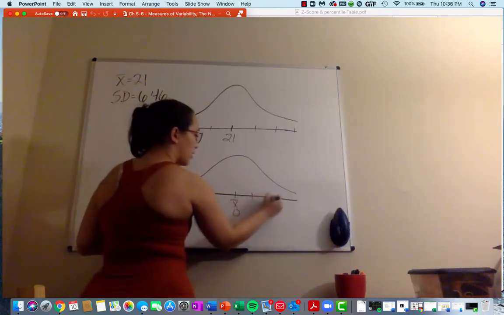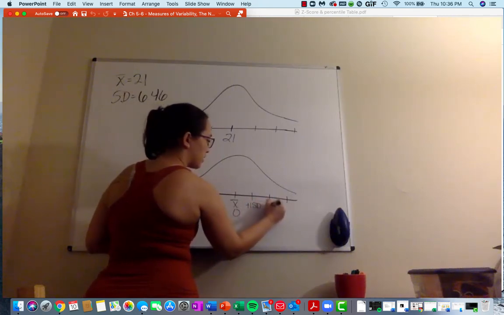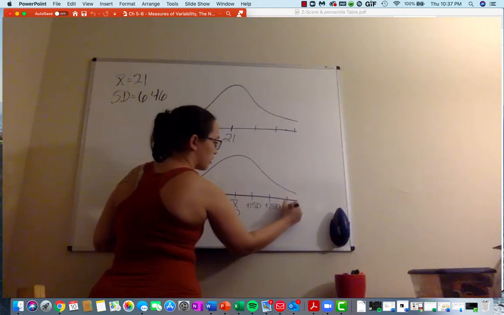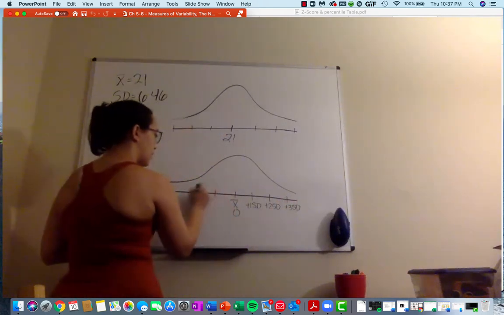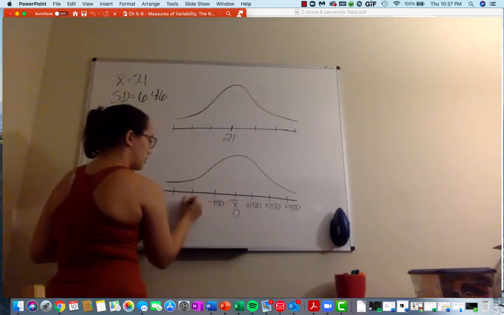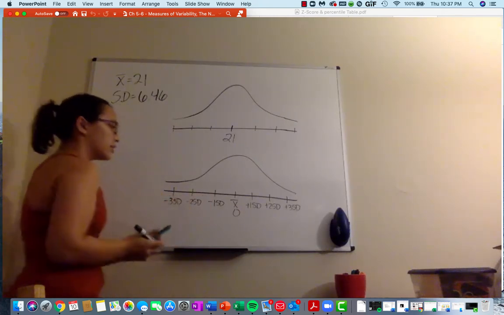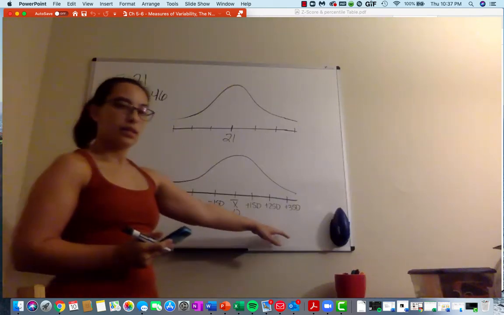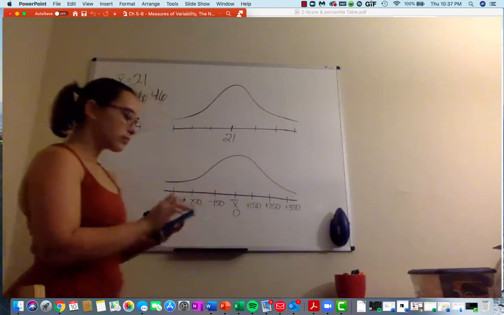And then going this direction, we should have +1 standard deviations, +2, +3, right? Going this direction, we'll have -1, -2, -3, right? So we can kind of use this format to calculate how it would translate into units, okay?